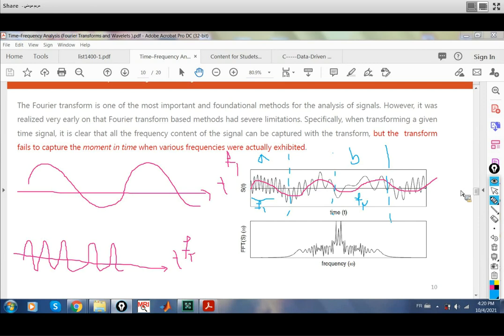Okay? But if we use Fourier Transform, we only say that we have some frequency around 0 here, maybe related to this pink. We have this frequency F1, maybe related here.